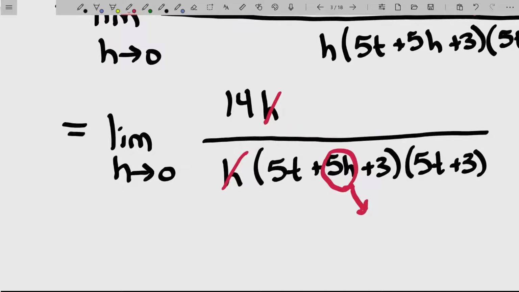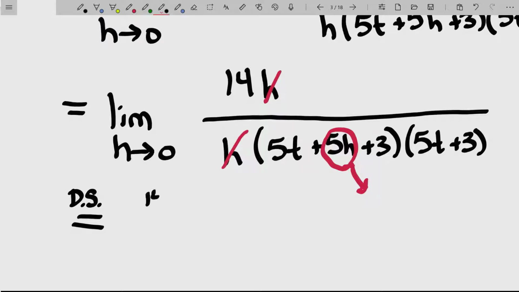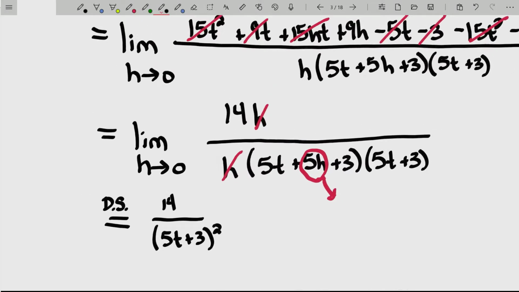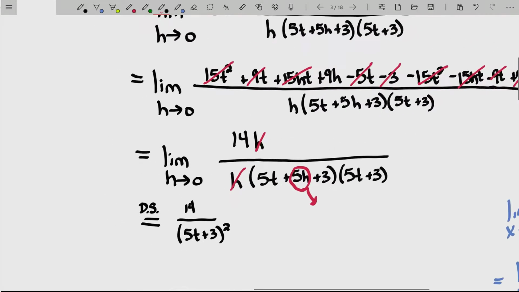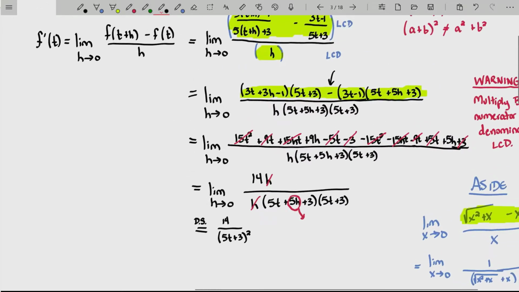You'll have a 5t plus 3 times a 5t plus 3 downstairs and a 14 upstairs. So via direct substitution, this will be 14 over the quantity 5t plus 3 squared. That is the derivative of our original function at any given point t. There is one exception. It will not exist at t equals negative 3/5, but that's okay.